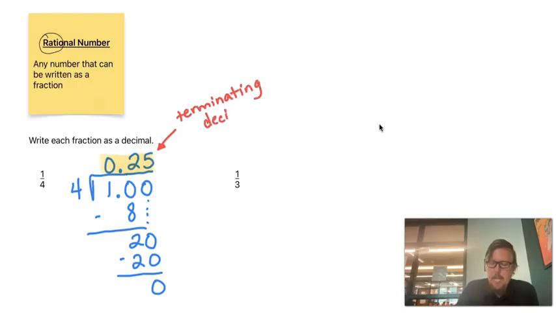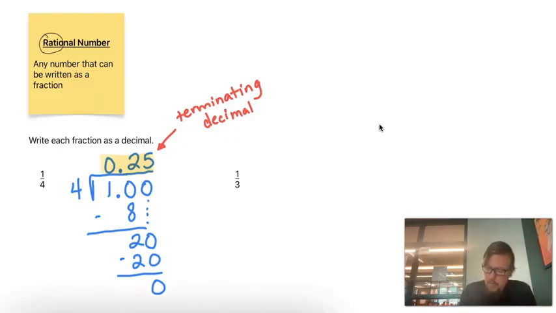Terminating meaning it stops. This decimal stops at 5, doesn't go any farther. That's what terminating means. So one of the ways we can identify a rational number from a decimal is if the decimal terminates.